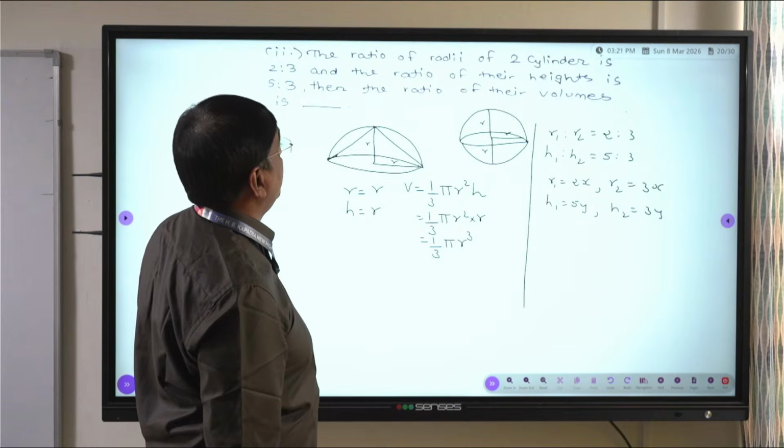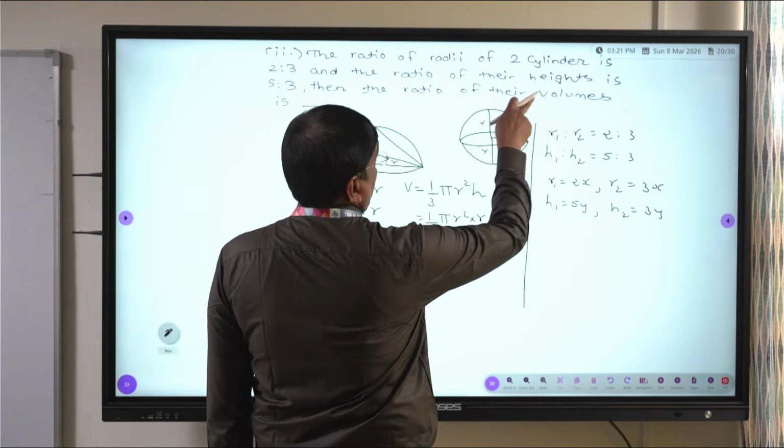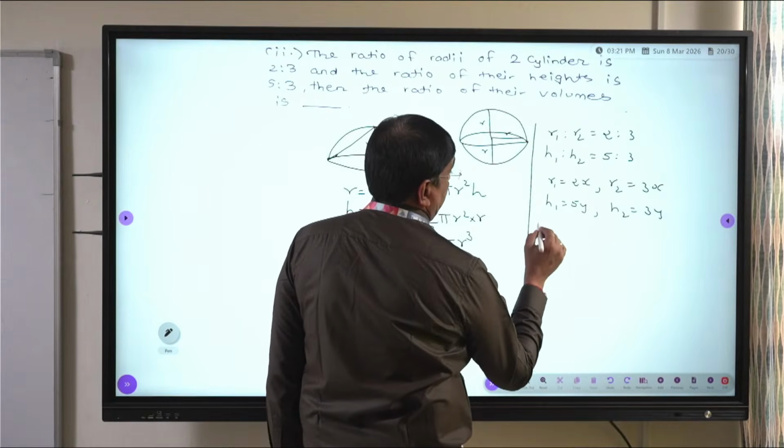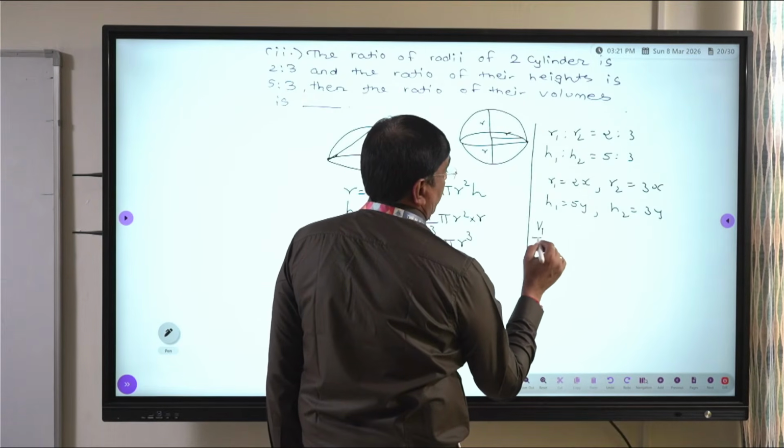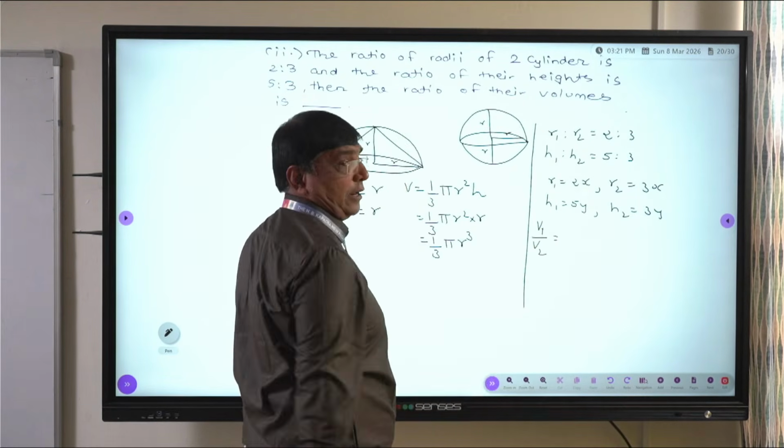Ratio of their volumes, meaning V1 upon V2, volume of cylinder.